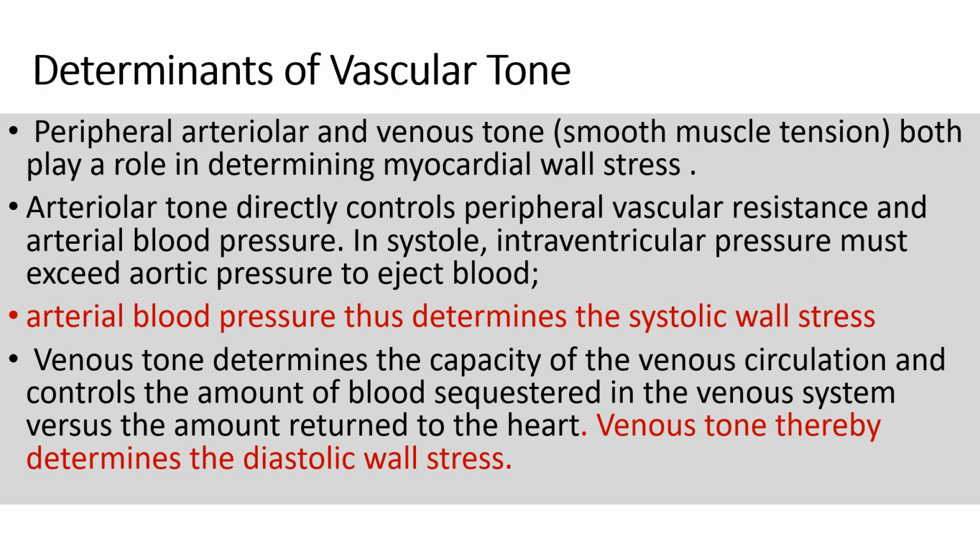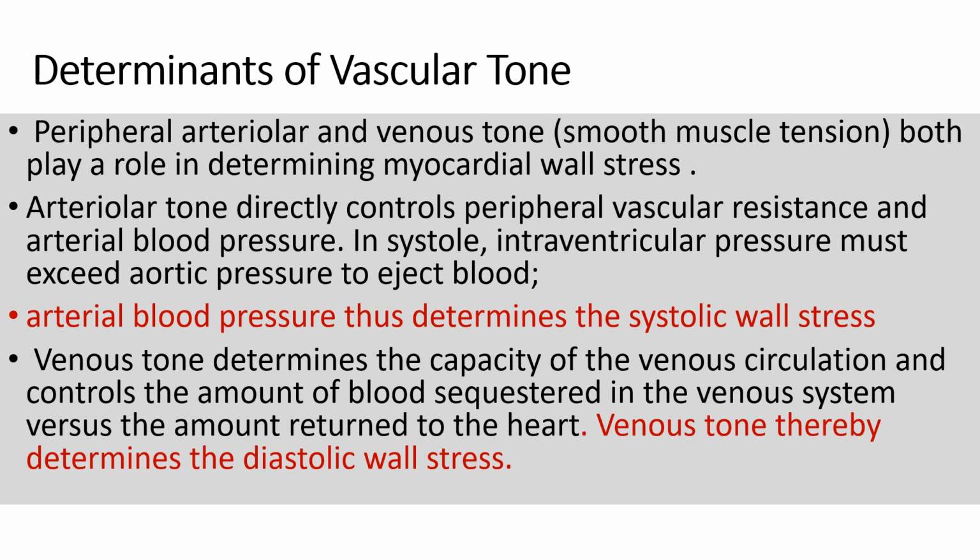The third thing is determinants of vascular tone, meaning fiber tension. Arterial blood pressure determines the systolic wall stress and the venous tone determines the diastolic wall stress. They both play a role in determining myocardial wall stress.